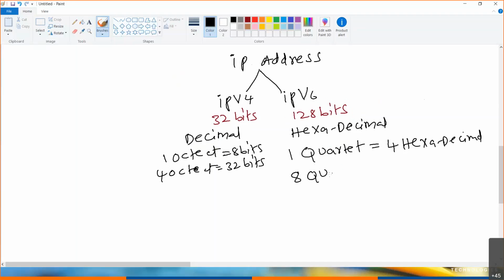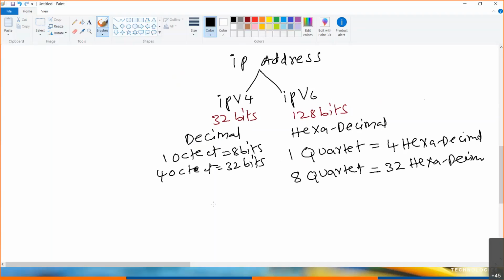In IPv4 we call it an octet; in IPv6 we call it a quartet. So 1 quartet is 4 hexadecimals, which means 8 quartets, how many hexadecimal numbers? 8 into 4, 32.